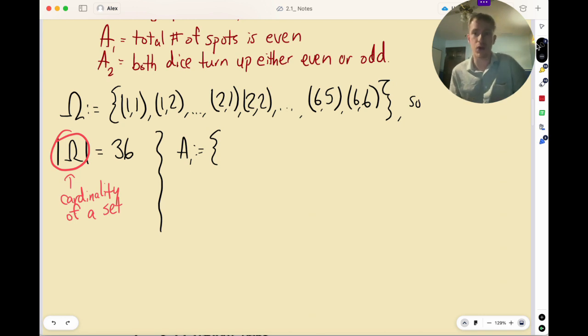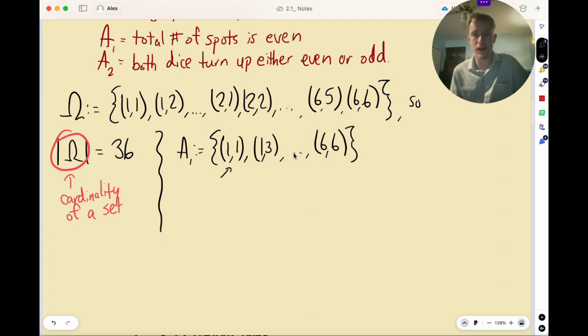We could start from the very beginning, and you can enumerate these however you want, but 1, 1 is probably the first example, because 1 plus 1 is 2, which is even. 1, 2 doesn't work because 1 plus 2 is odd, so we have to go next to 1, 3. Likewise, you can continue doing this on and on until you go all the way up to 6, 6.